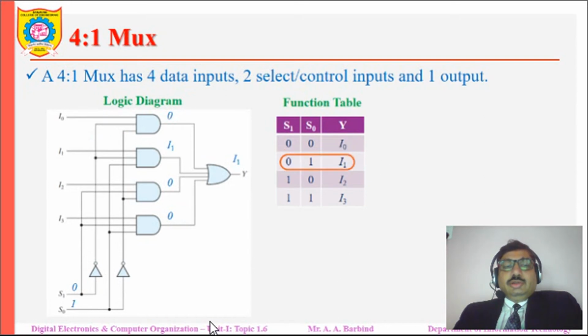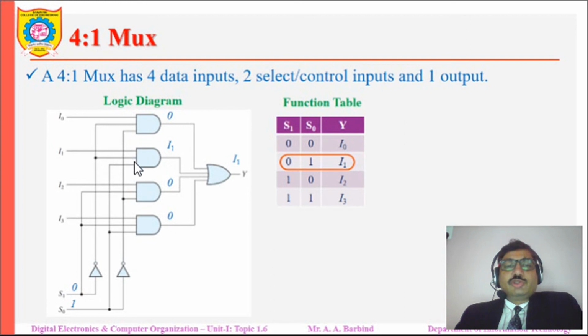Next, when the input is 0, 1, then we can see here that only the inputs of the second AND gate are 1 and 1, while at least one of the inputs of the remaining 3 AND gates is 0, so their outputs are 0, whereas the output of this particular AND gate will be the same as I1.